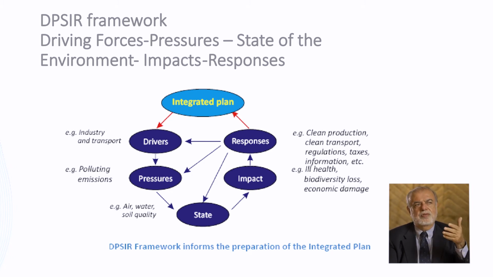You have drivers, for example, a major pollution source, an industry, sewage, then going to pressures, explaining the pressures that are brought into the system, the state of the environment, what is the state, good or bad, the impacts of the pressures, and then the responses.